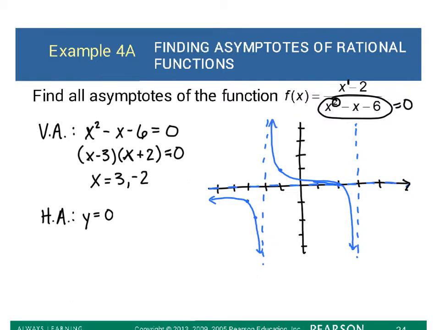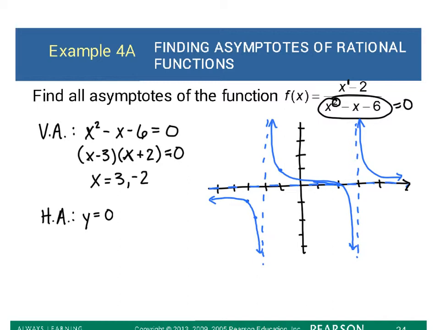And like I told you before, our graph can cross a horizontal asymptote, but it will never intersect the vertical asymptotes or any vertical asymptotes. Now the rest of the graph. Find a couple points to the right of this, and what you'll find are points that match something similar to this.